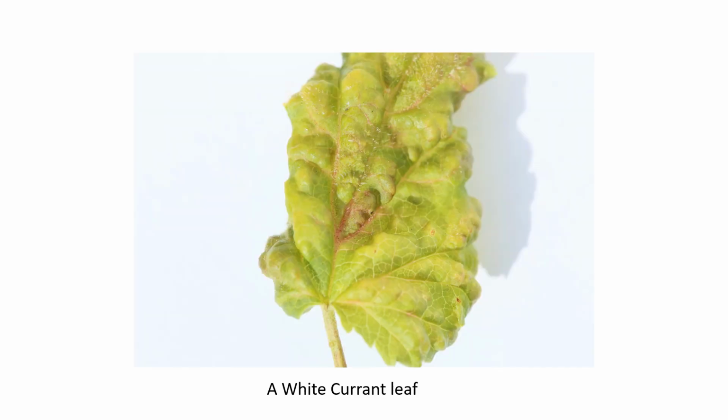So obviously we move on to aphids, which are the biggest single source of food for the larval form of hoverflies. And here you have a white currant leaf, and it looks crinkly, and a gardener would think, oh dear, there's something wrong here. It's obviously infested with something, and indeed it is.